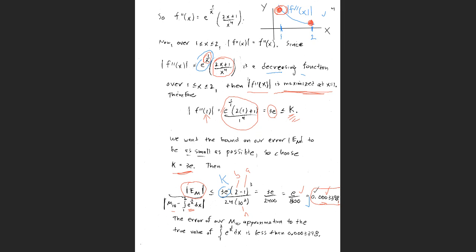In other words, we're off by no more than about 3/10,000ths, or 0.0003398.